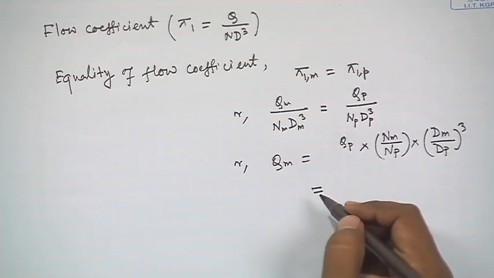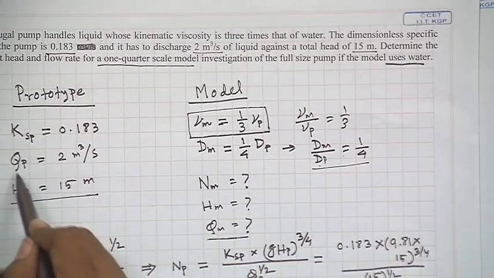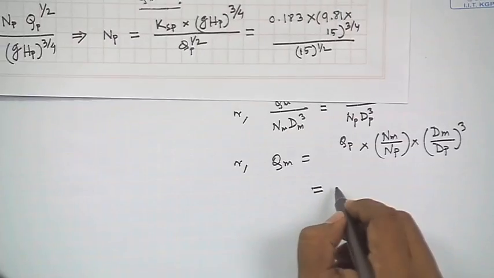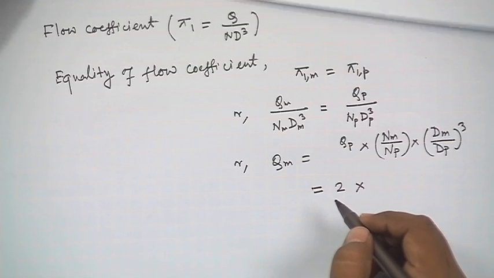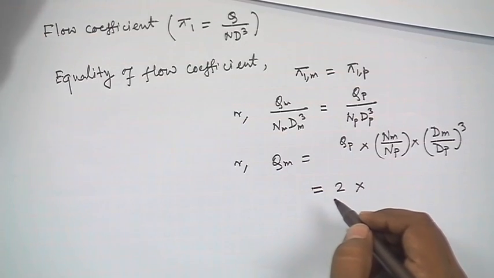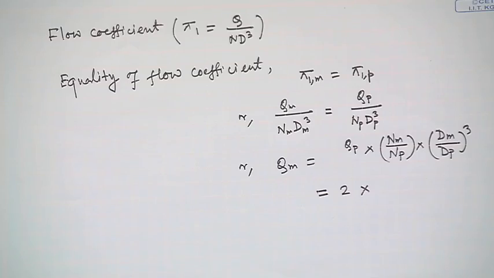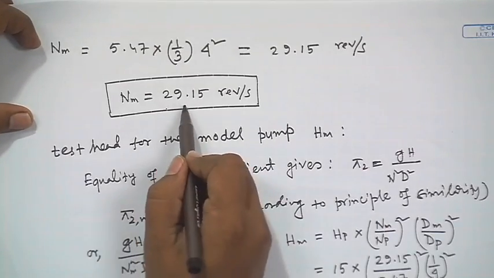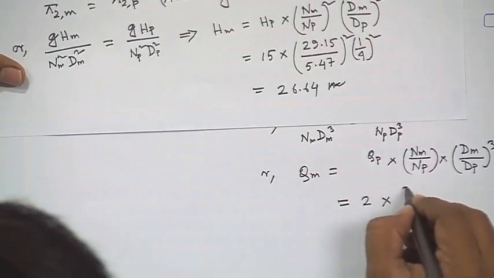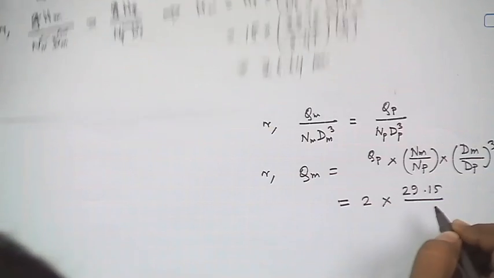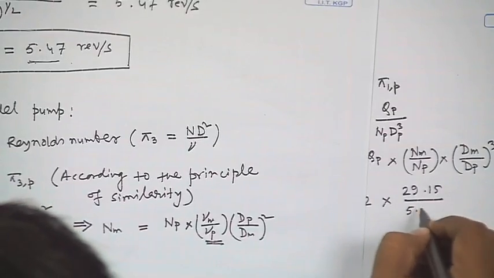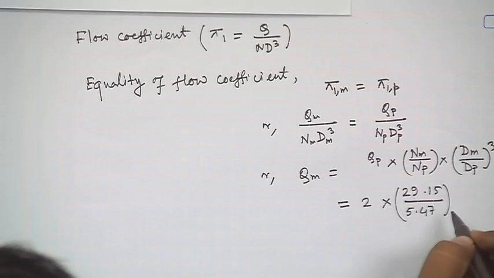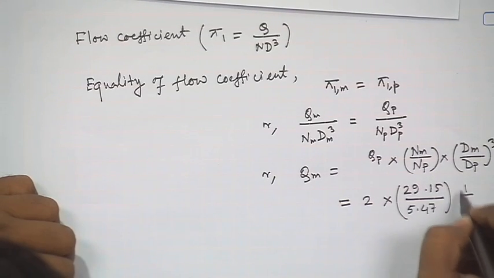Now qp, the flow through the prototype pump, is given as 2 meter cube per second. So 2 times nm, which we have obtained previously as 29.15, by np, which is 5.47, and dm by dp is 1 by 4 cube.